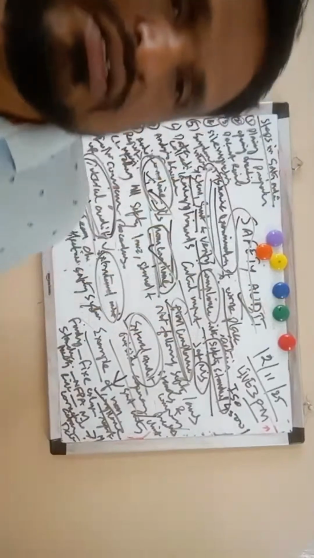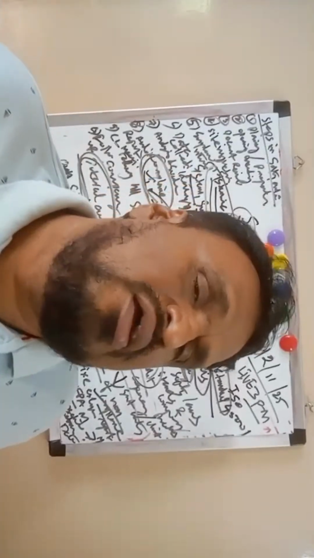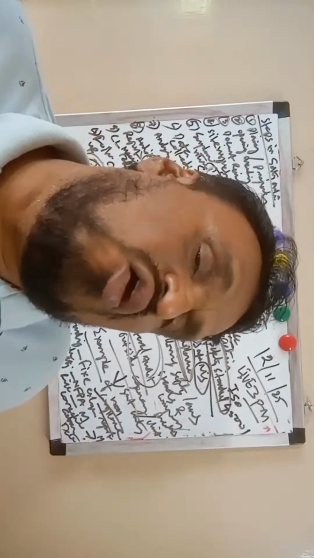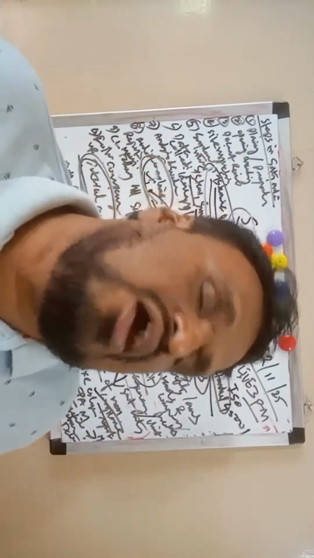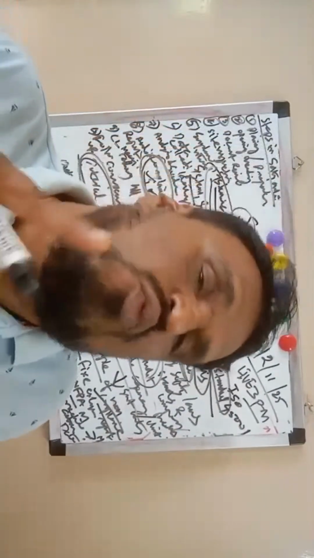So once the audit is done, whether safety audit or environment audit, they will give a non-compliance report. This non-compliance report always requires action. Okay, we will see one example of a non-compliance report.